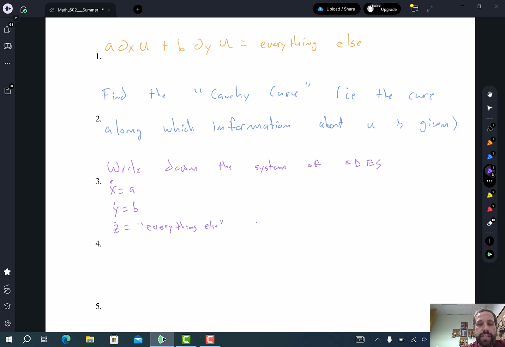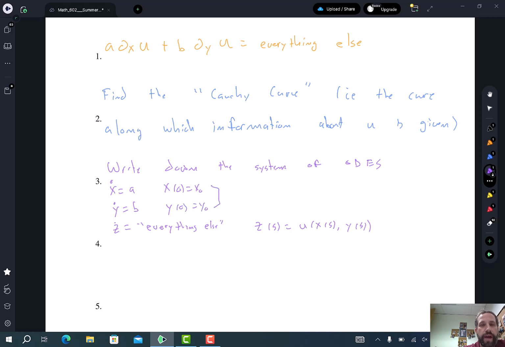And remember that z of s is defined as u along the characteristics. Okay, and then our initial values, x of 0 equals x naught, y of 0 equals y naught.